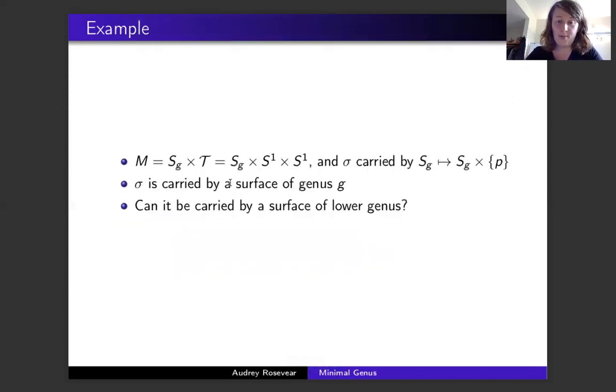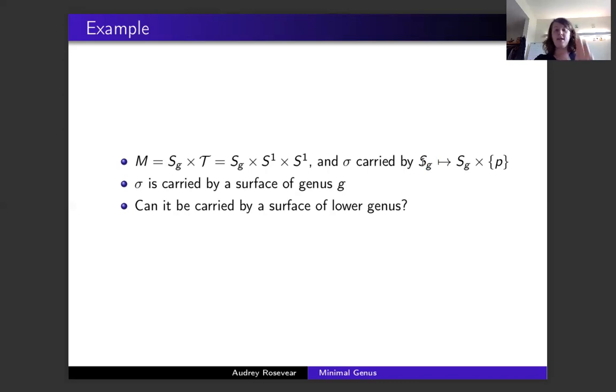So let's return to our example. Sigma carried by the surface of genus G embedded in our product of the surface and the torus. So just by our definition of sigma, we know it's carried by a surface of genus G, this surface right here.